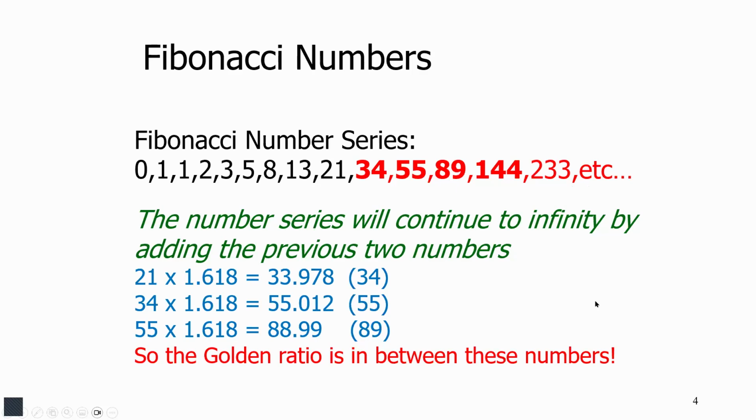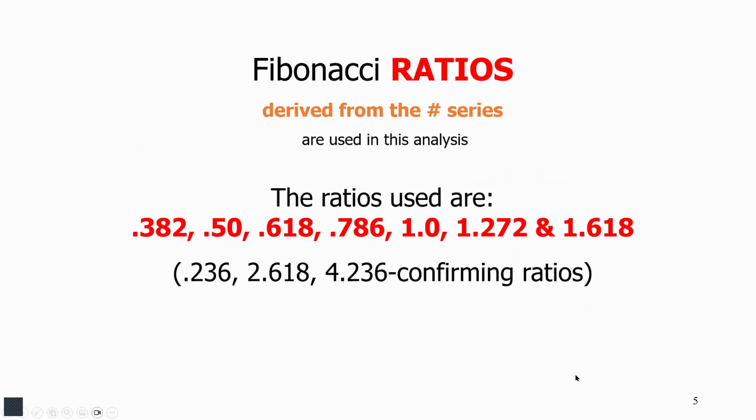We're not actually going to use the numbers for the analysis. We're going to use the ratios derived from the number series. So the ratios that we're using all the time: 0.382, 50%, 0.618, 0.786, 100%, 1.272, and 1.618. And then some confirming ratios, or if there's a really, really large swing, I may also use 0.236 as a ratio.